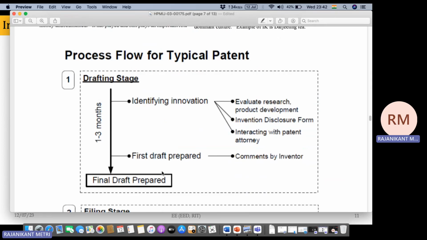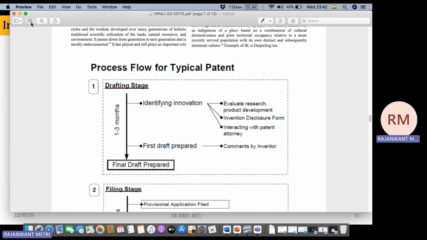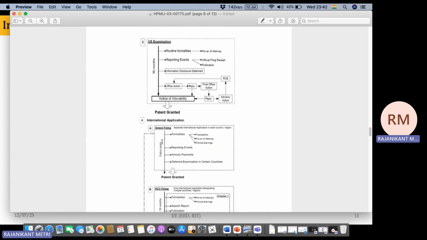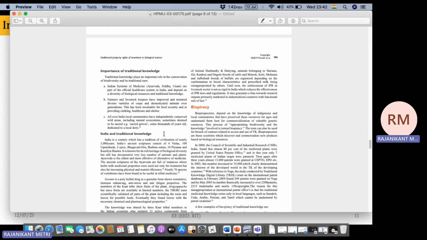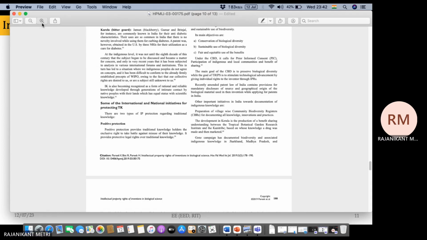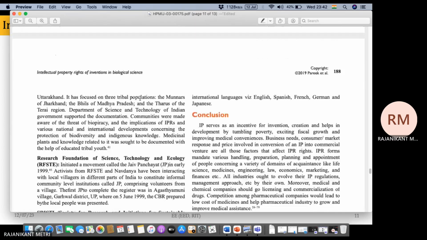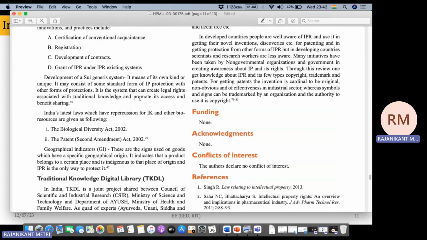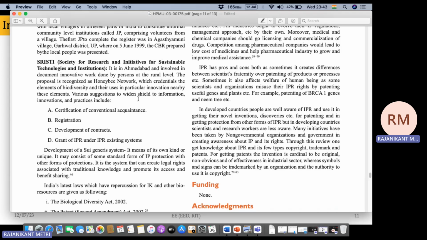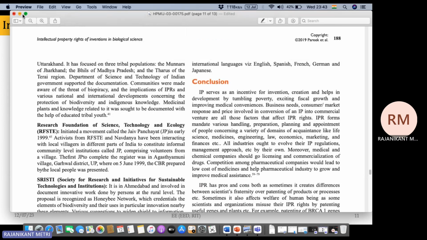We have already seen this in the last video, the process: 1 to 3 months, then 12 months, then up to 36 months. You can go through this article so that you'll get some clear idea about IPR in the biological sciences.